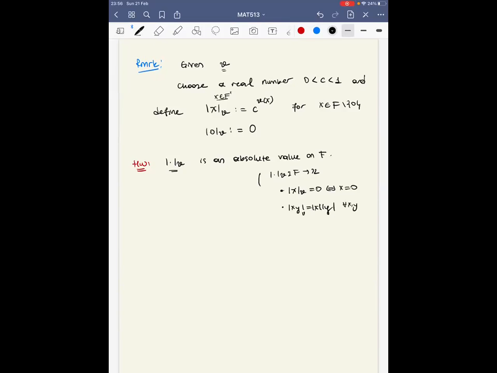Only by applying the definition of this absolute value with respect to v, you can easily check the first two properties, and to show the triangle inequality, we will need to use the third property of a discrete valuation map. This is why this third property is also called triangle inequality.